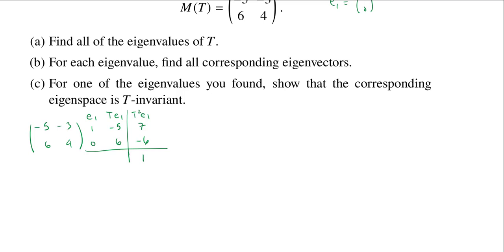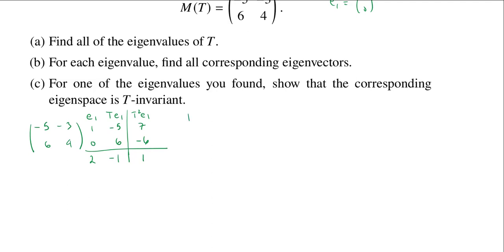That's easy to do: if I just multiply TE1 by -1, -1 times 6 will give me the -6. There's nothing to multiply E1 by for that, because there's a 0 here. Now, -1 times -5 gives me 5, and I need to get 7. That means I need 2 more, and I can get 2 more by multiplying E1 by 2.